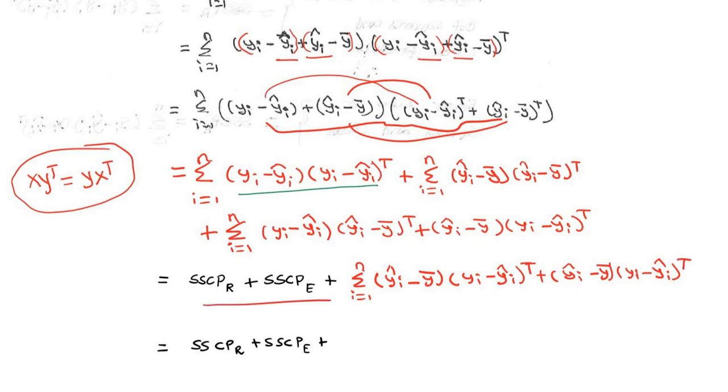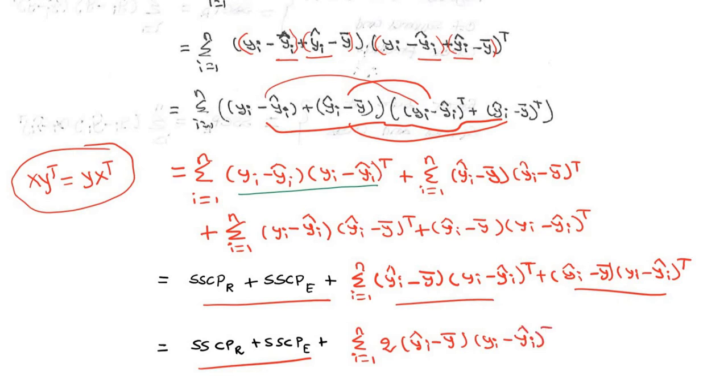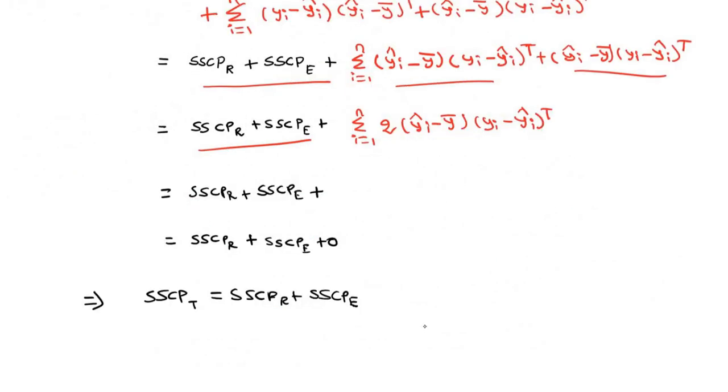Looking at this, these two terms are unaltered. We write them as they are, and the third term should be written as summation i equal to 1 to n. We are getting the same term twice, (yi cap minus y bar) into (yi minus yi cap) transpose, and here also the same thing. So therefore you can write 2 times (yi cap minus y bar) into (yi minus yi cap) transpose. At the next stage, the first terms are written as they are, I am not disturbing.